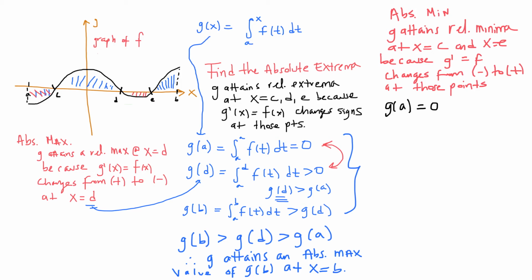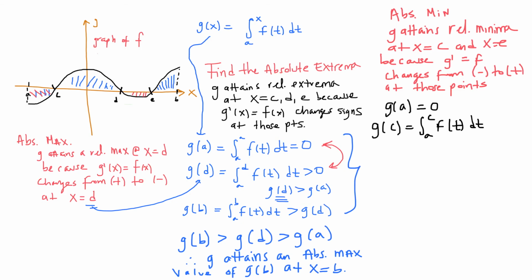Now I go to my first critical value, which is g of c. And so I'm going to go back to my function, and I'm going to use my function to figure out g of c. So that would be the integral from a to c of f of t dt. And what can you say about the integral from a to c?